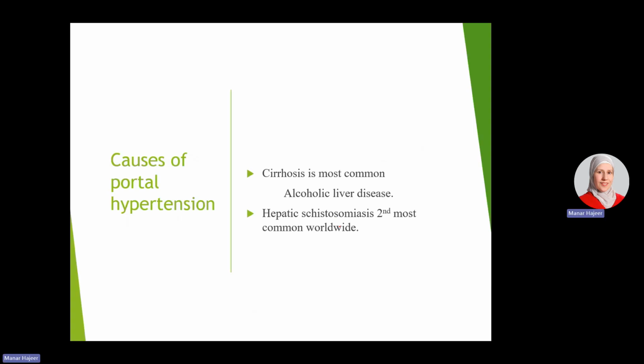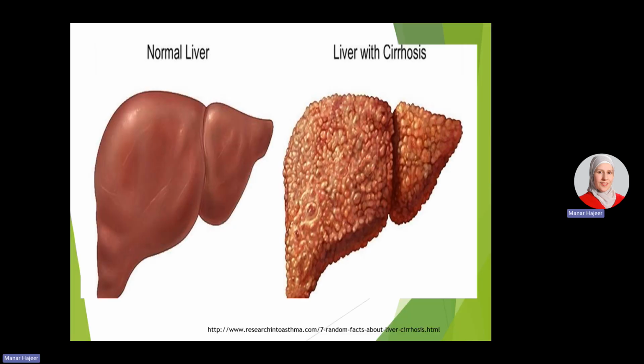The causes of portal hypertension are usually due to cirrhosis, and the most common cause of cirrhosis is alcoholic liver disease worldwide. Hepatic schistosomiasis is the second most common cause. And this is what I mean by cirrhosis, in which the liver is transformed into a nodular liver, leading to portal hypertension. And those patients will also have chronic liver failure.